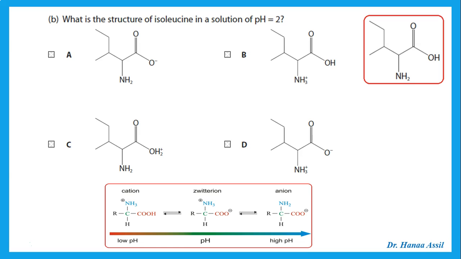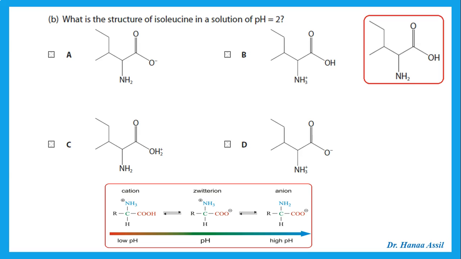If we put any amino acid in water at neutral pH, it is in the form of what we call Zwitter ions. Zwitter ion means the amine part is in the form of NH3 plus and the acid part is in the form of COO minus. That's in neutral pH.